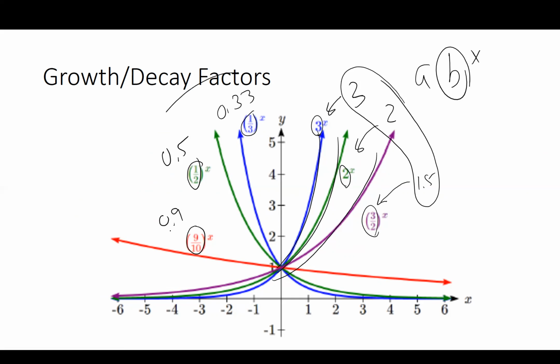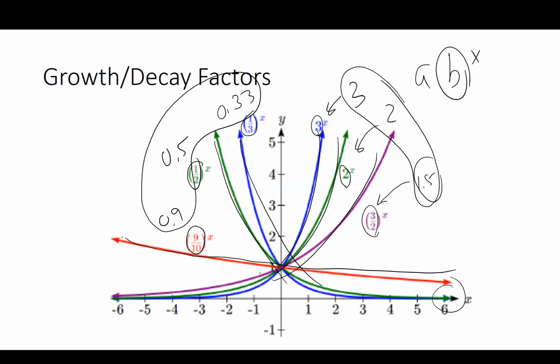Whereas here, all of these b values are less than 1, and they're shooting down, trying to get to the x-axis, but they're not going to. As my value gets closer to 1, it looks like it's still shooting down, just not in a hurry. And in the same breath, as these values get closer to 1, they're shooting up, but not nearly in as much of a hurry as, say, 3 is.